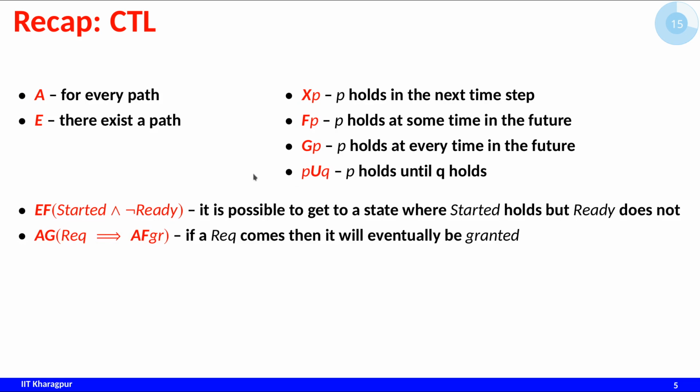Just to elaborate, EF (started and not ready) means that it is possible to get to a state where started and not ready both hold. Similarly, AG (request implies AF grant) means that if a request comes, then it will eventually be granted.